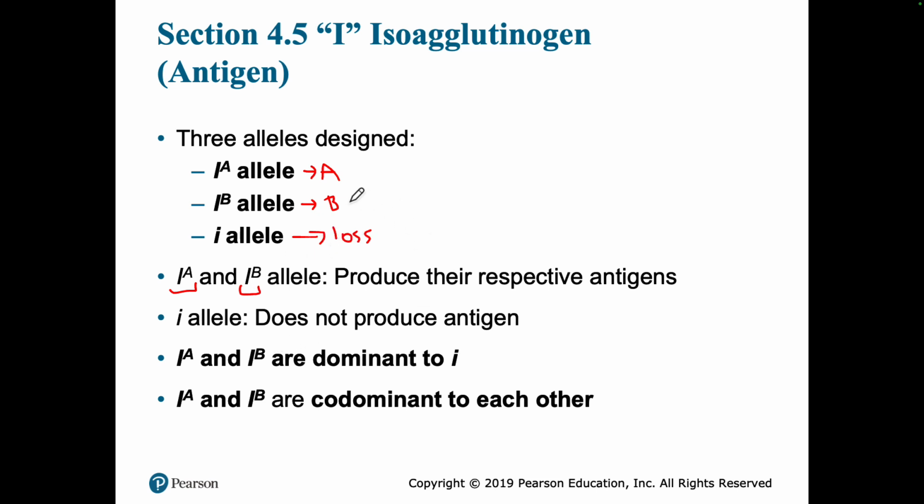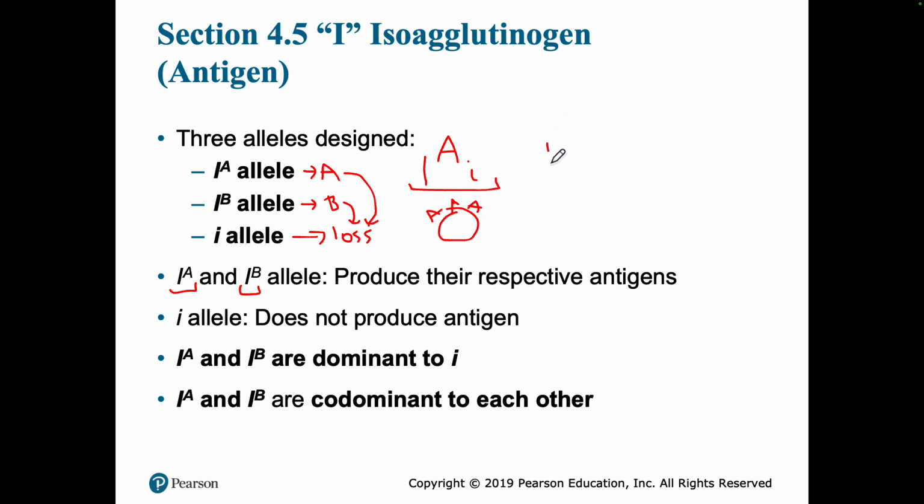Now in terms of relationships, both B and A are dominant to the O, the lack of an antigen. So if you have an individual who has IA, little i, if this is their genotype, their blood will look like this, A. That's great.